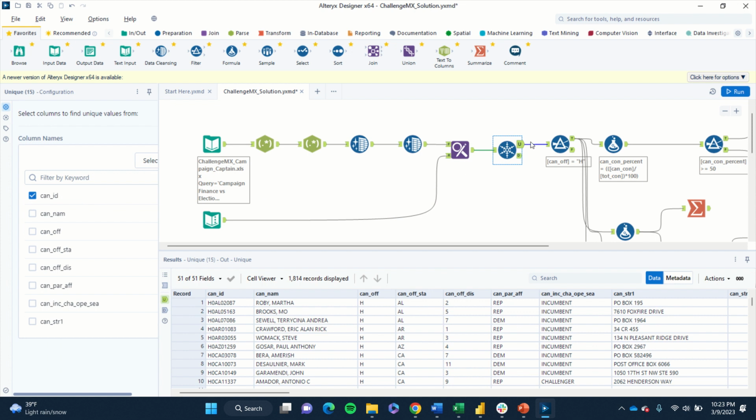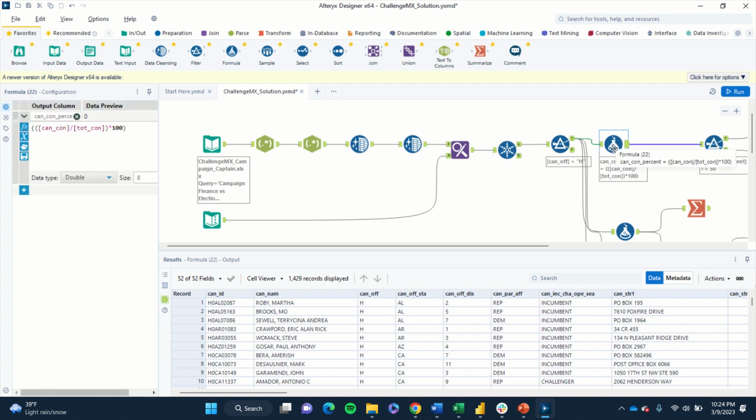Now we can get right into analysis. Here's the fun part. As it said in the challenge, our candidate has a lot of money and is willing to throw all of it into this campaign. So we want to see if there's a connection between the percentage of funds the candidate puts into the campaign over the total funds, and winning. First, I created the formula I gave you: the contributions the candidate puts in over the total contributions, multiplied by 100 to get a nice percentage.